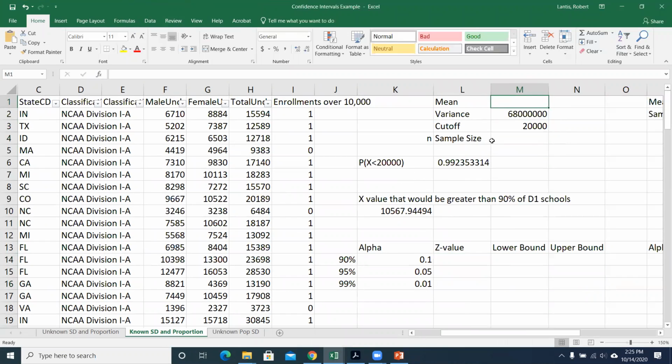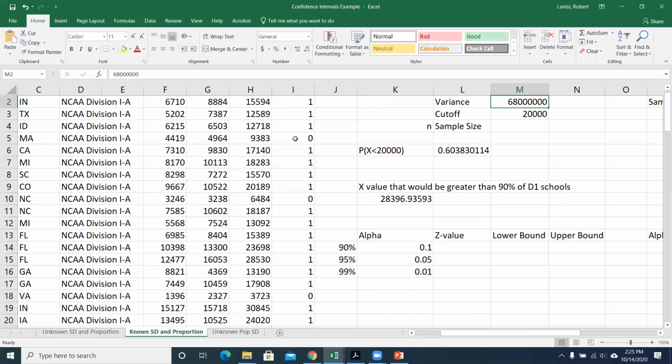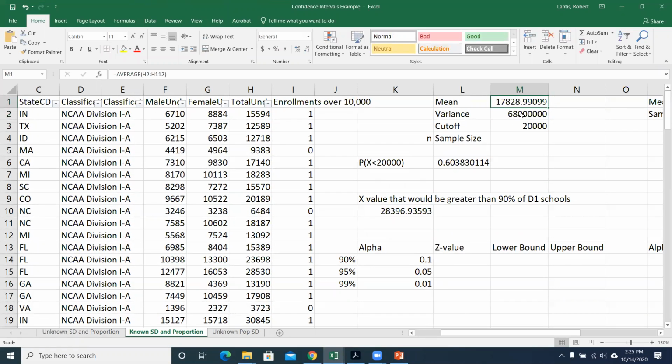So let's say I'm looking at total undergraduate enrollment, and I have a sample of Division I schools. I can find the sample mean by using the average function for their total undergraduates. Control Shift or Command Shift on the Mac down arrow, hit Enter. I've got this nice sample mean.